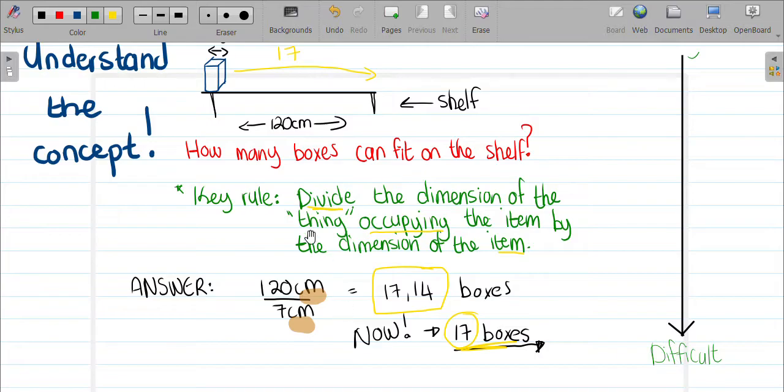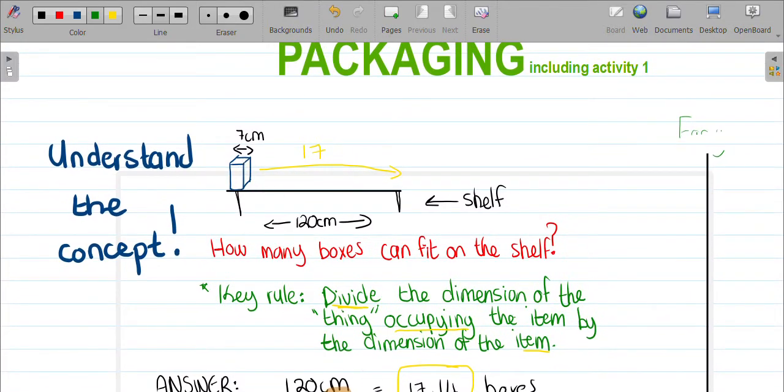Now, please note, when we are doing packaging, they might give you dimensions of the breadth, of the height, and of the length. But in this case, please make sure that you understand. Look what is happening over here. They asked how many boxes will fit onto the shelf. So the shelf is going in this dimension. So obviously we'll need to know the dimension of the length of the box.